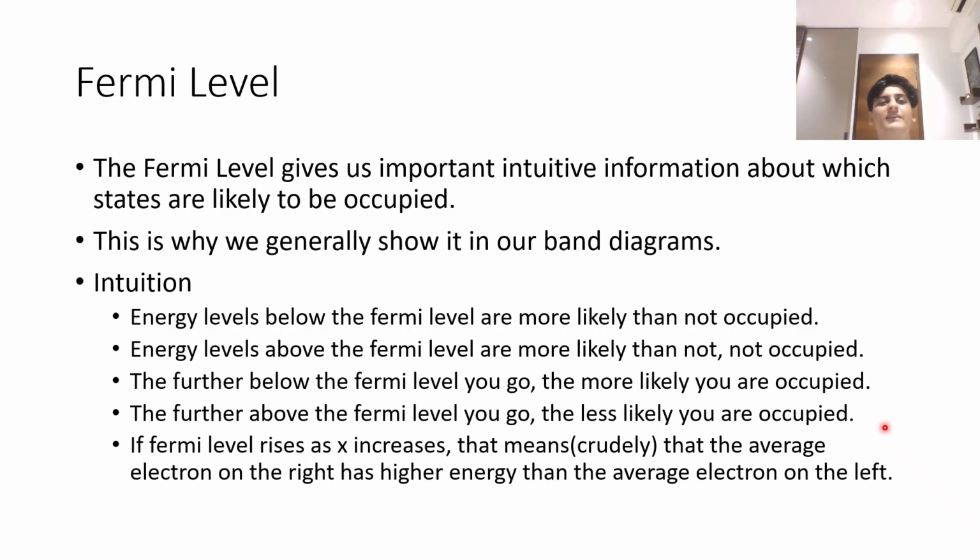Because now I know the energy level at which occupation probability is half. And because it gives this intuitive information, we generally show it in our band diagrams, because our band diagrams are supposed to give us visual information.